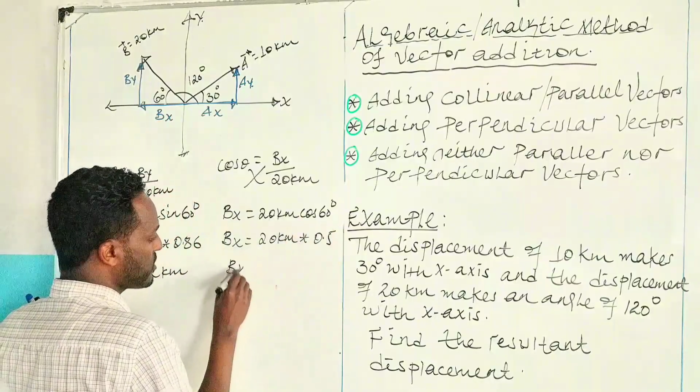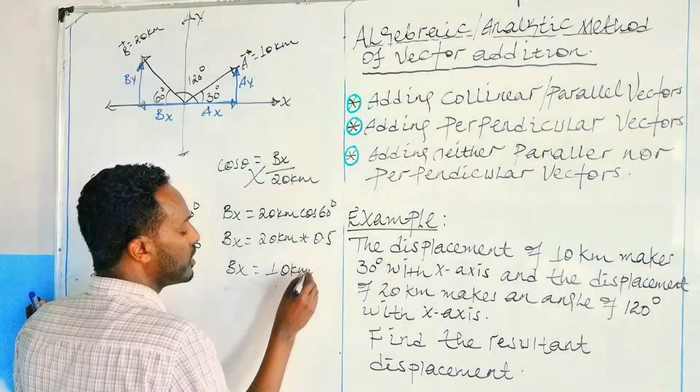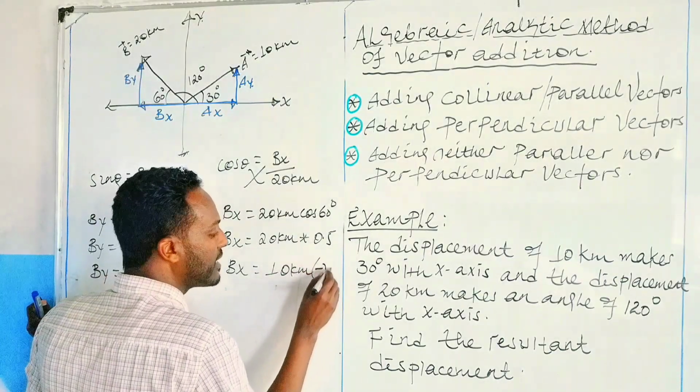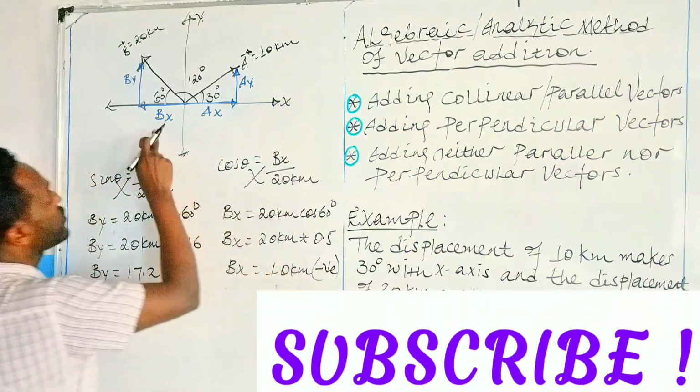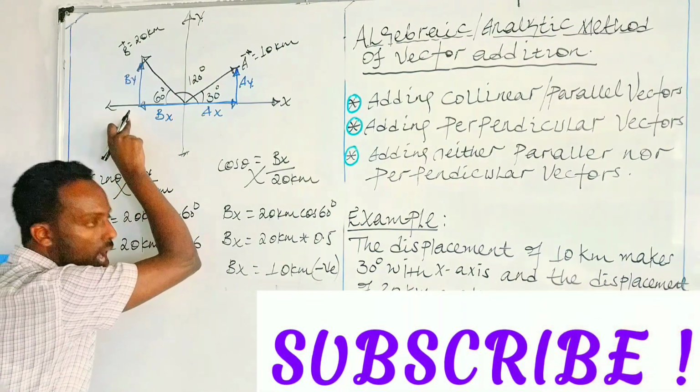Then Bx is equal to 10 kilometer, which is negative. That's why the horizontal component of vector B is acting in the direction of the negative x-axis.